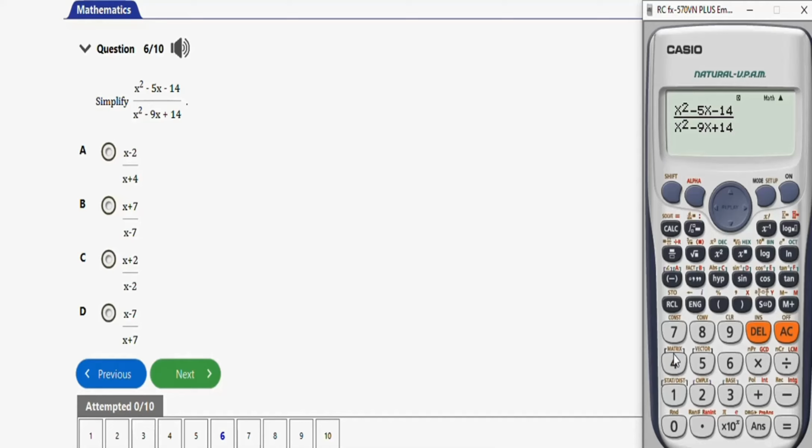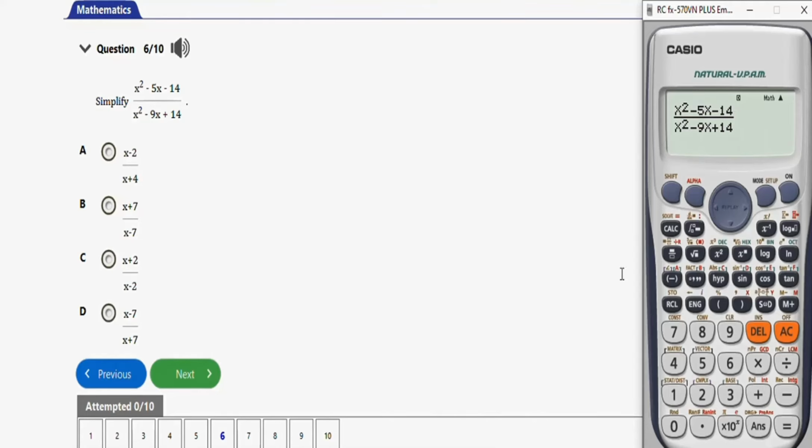So that's it, guys. Let's press equal to see the output. Math error. Let's go back and check something. Okay, minus 5x minus 14.